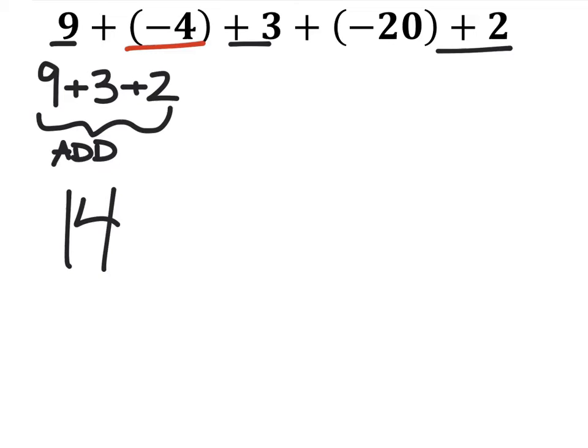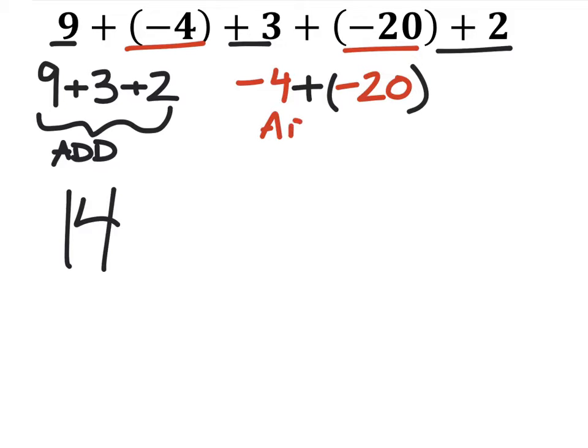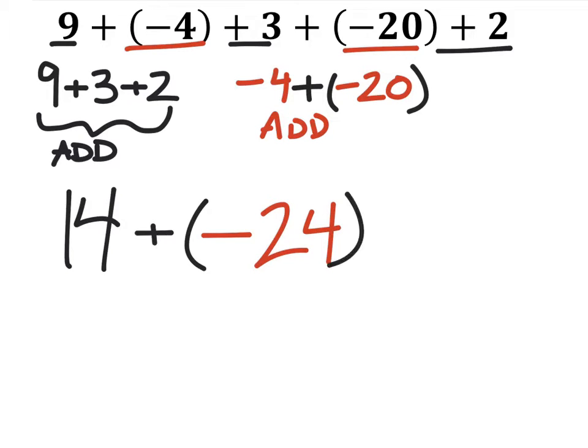Then I look at my negatives. I got a negative 4 and a negative 20, which when I combine, I get, so again we are adding these together, I get a negative 24.